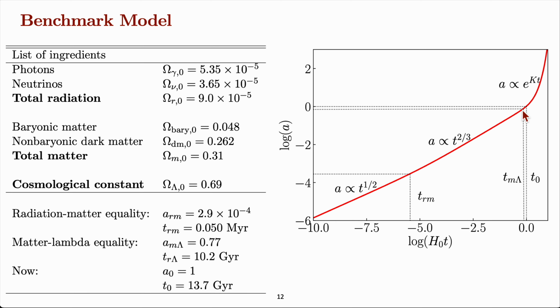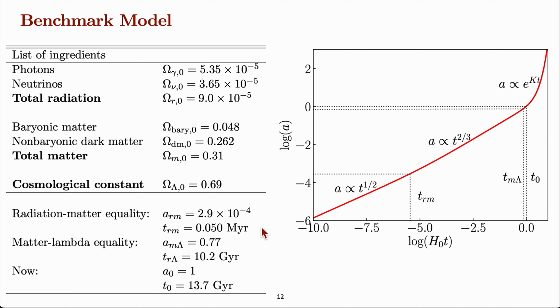So right now the universe is expanding more and more rapidly, accelerated expansion, which is written in this formula, exponential Ht, and this is matter dominant and radiation dominant. And this is written in log of Ht, so that's how it was plotted.